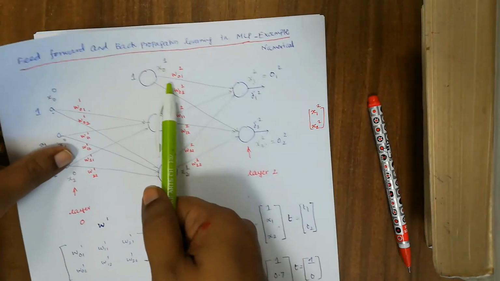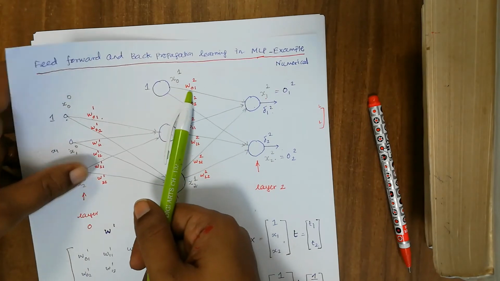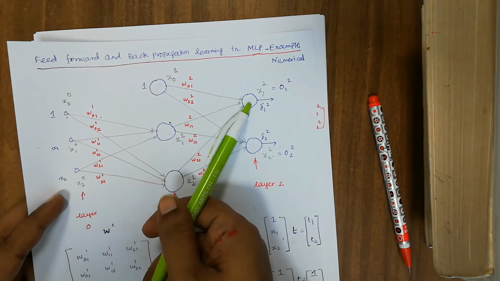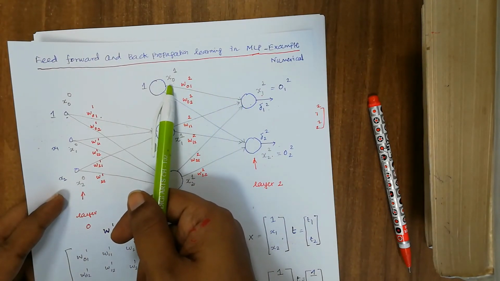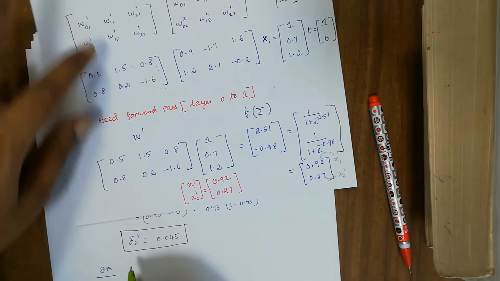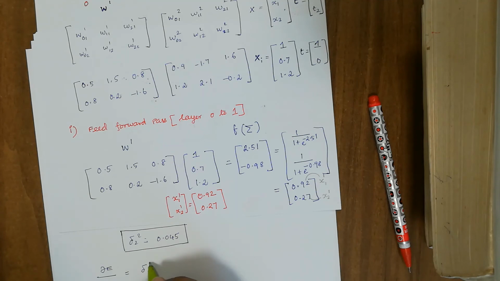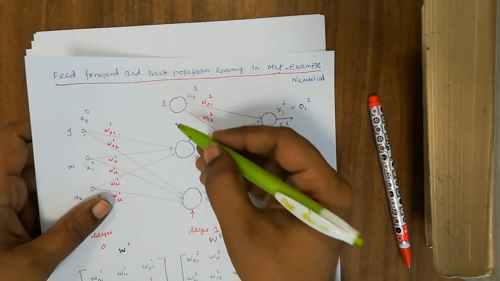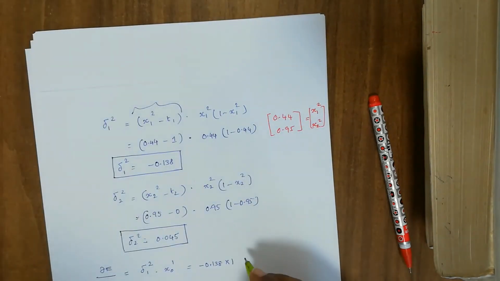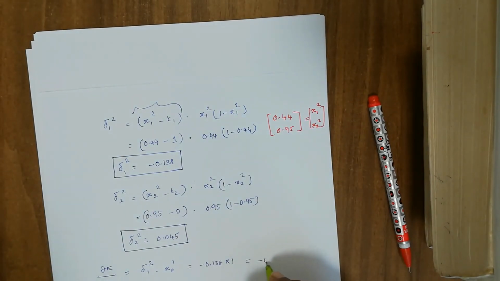First one is W01. For that, del 1 has to be multiplied with x01. Okay, so now let us do that. Del 1 2 into x01. So the value is 0.138 multiplied by the x01 value, which is 1. So when we do this, what we have obtained is 0.138.